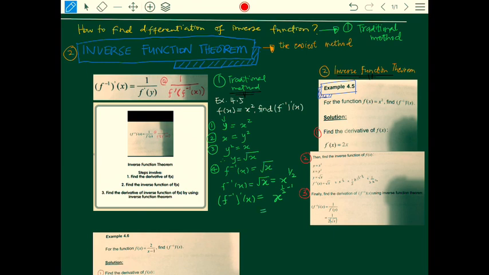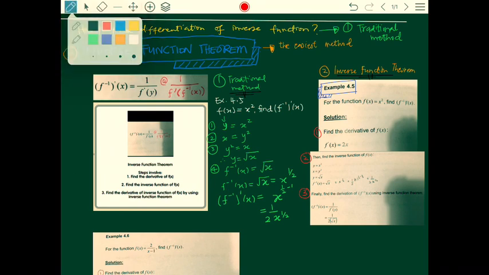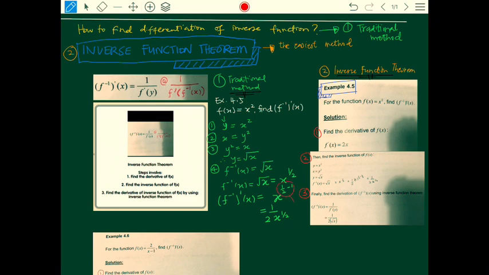So your final answer will be 1/2 x to the power of negative half. So this is using the traditional way, where I'm applying the exponent rule, or power rule, technique to differentiate this one.